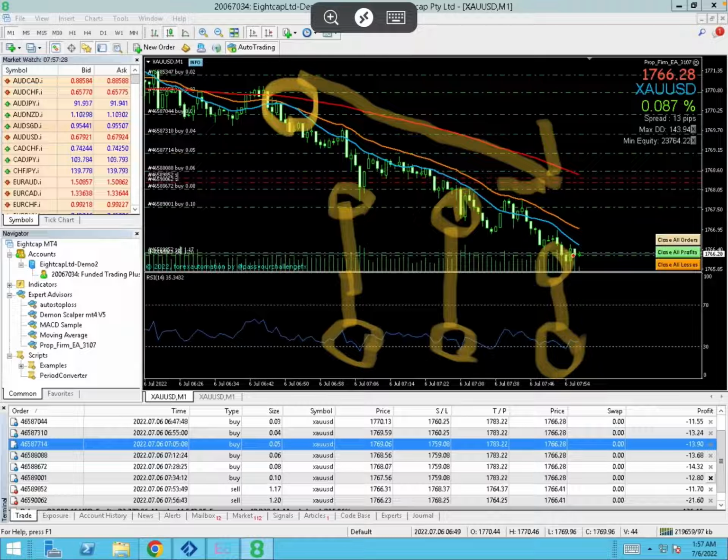So, as I read before, the shorter the time span used to create the average, the more sensitive it will be to price changes. So the blue line is the one that is the shorter time span, and so it's really showing the changes. And the longer the time span, the less sensitive the average will be. So the orange line is somewhat less sensitive, and the red line is very much less sensitive.